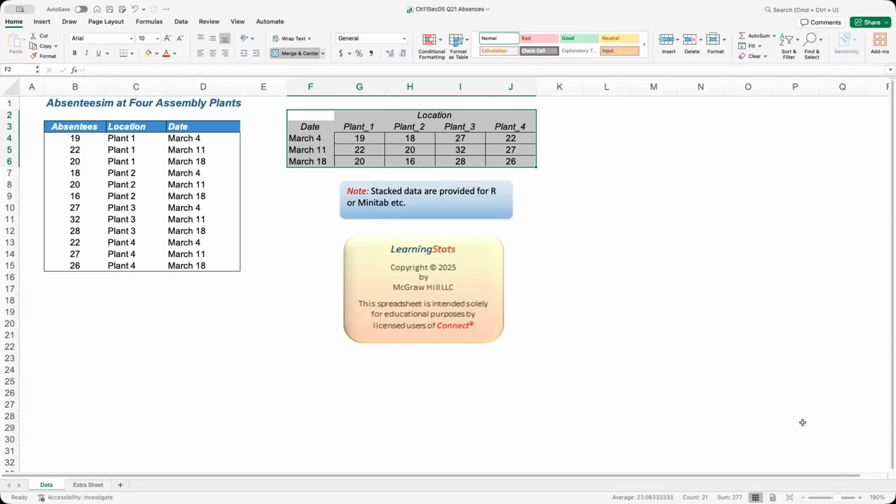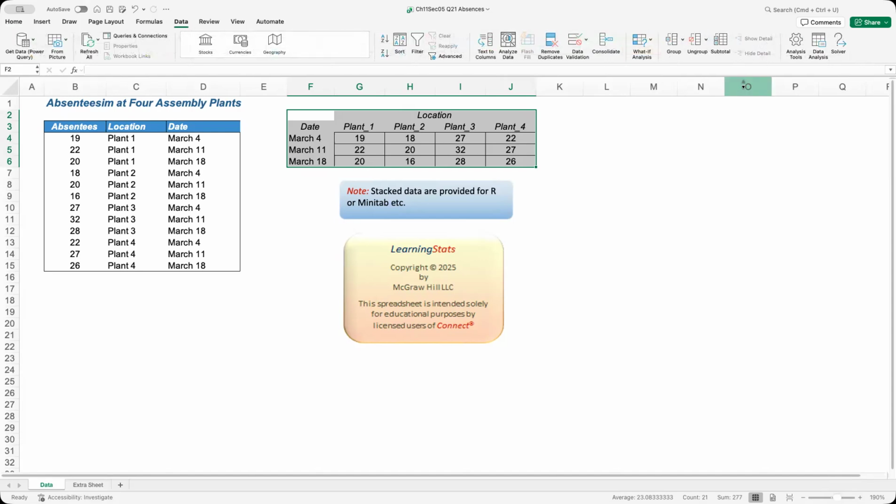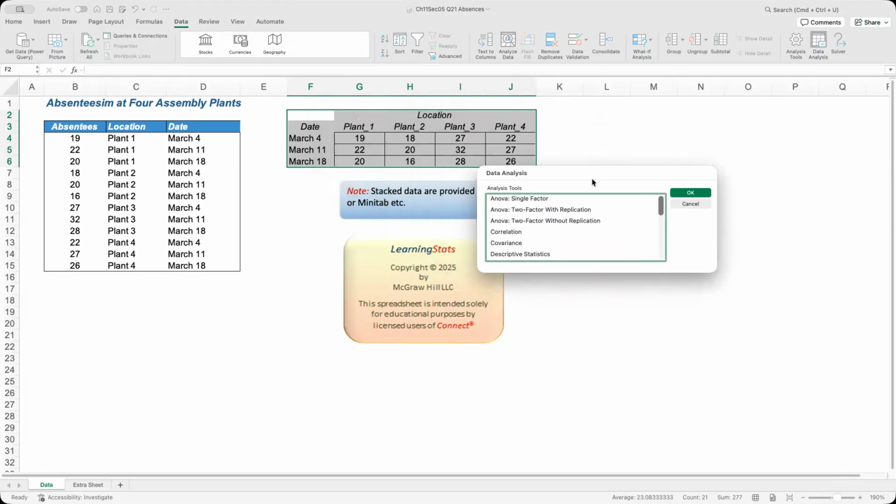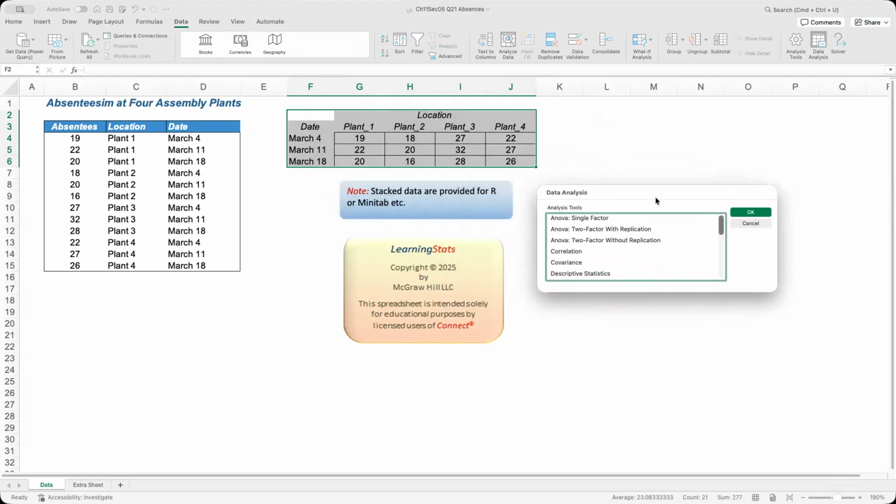So, under data analysis, I want to do an ANOVA. And notice we're back at the top. There are 3 options for ANOVA. The one we were doing on Friday was the single factor. But there are 2 under 2 factor. Which one do I want?